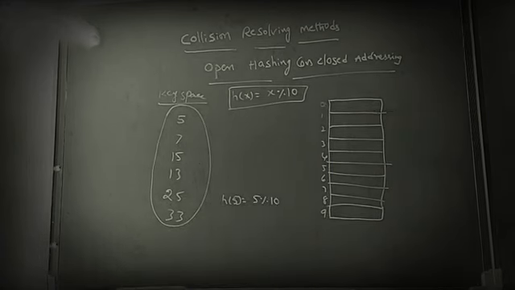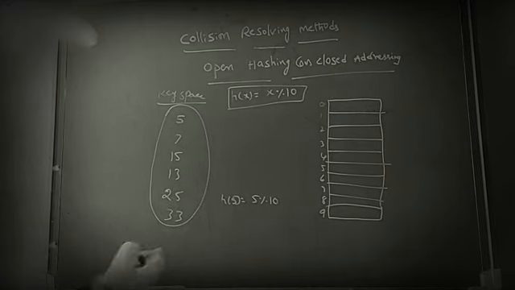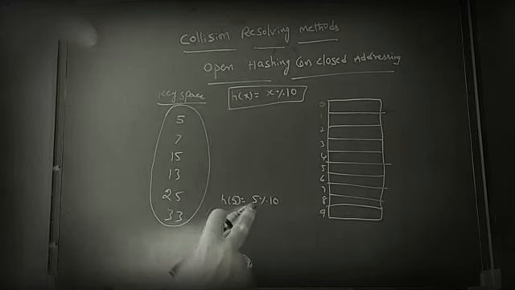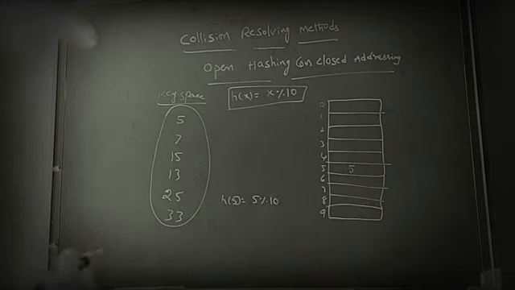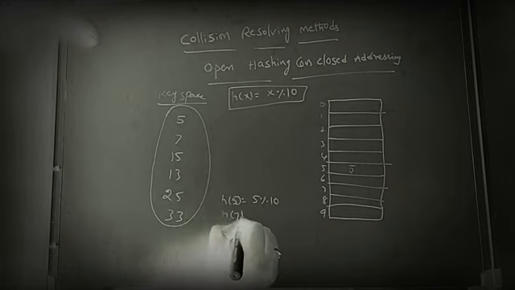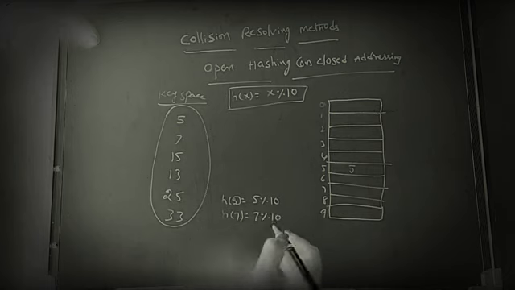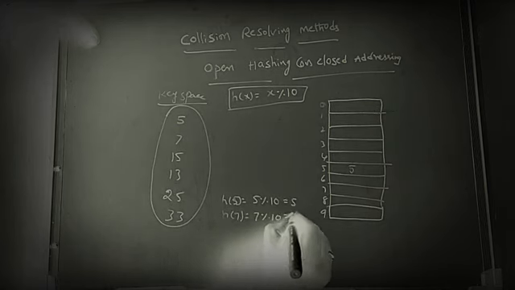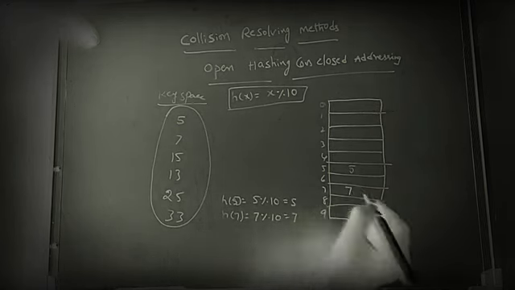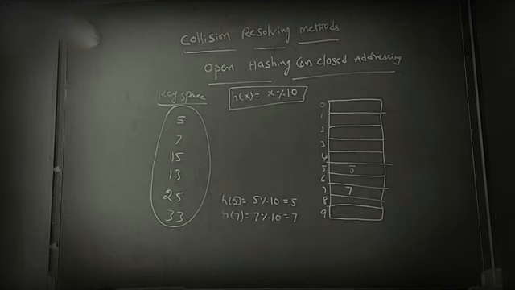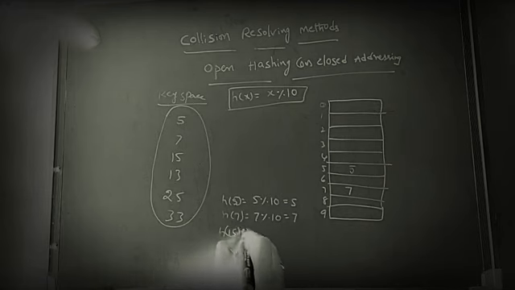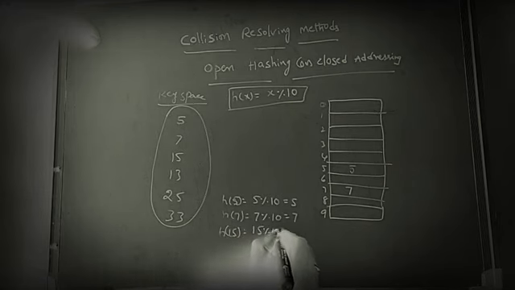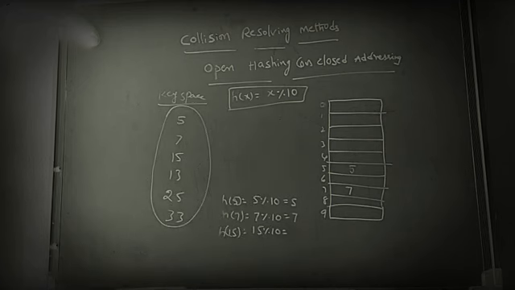If the value is less than 10, the remainder is still 5, so it is stored at index position 5. Next, 7 mod 10, the remainder is 7 only, so it is stored at the 7th position. Next, 15 mod 10. I already discussed this procedure in the last class.